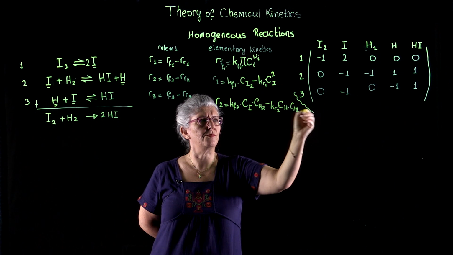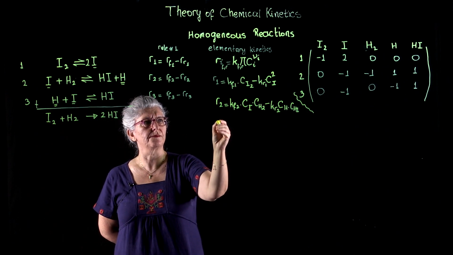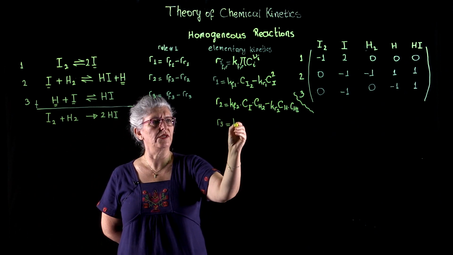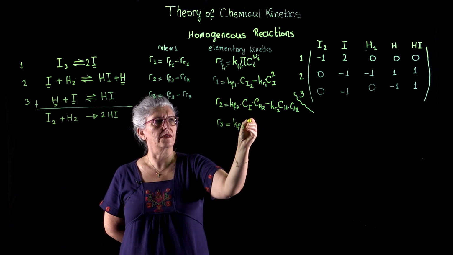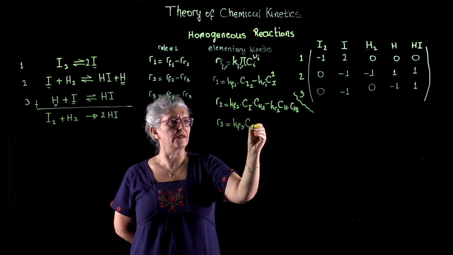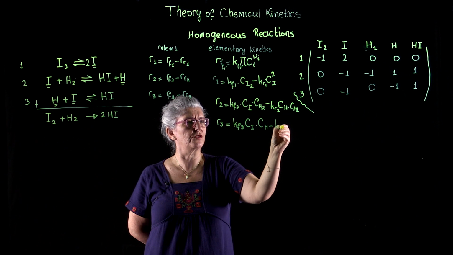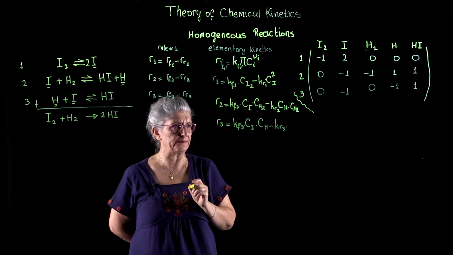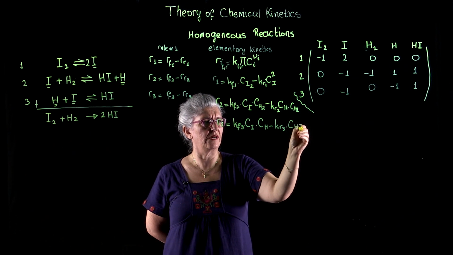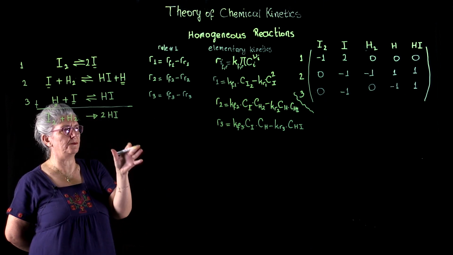Let's divide our board. And rate 3 is K forward 3 times concentration of I times concentration of H minus K reverse 3 times concentration of HI. So we have our rates at our disposal.